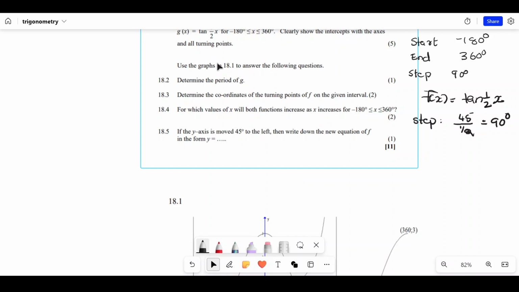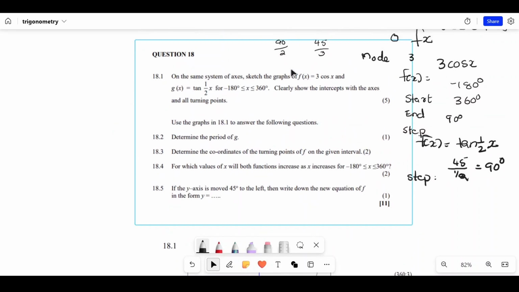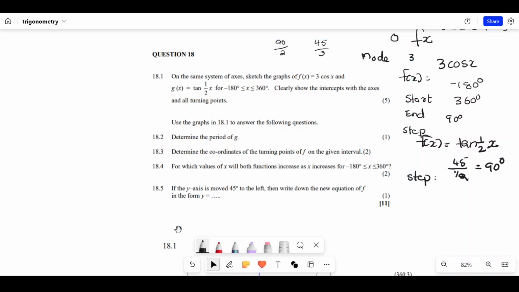Now use the graph in 18.1 to answer the following questions. Determine the period of g. So our g is tan half x. Okay, let me also explain how you find the period for different graphs. Period is always calculated like this: period equals 360 over k, where k is the coefficient of x.